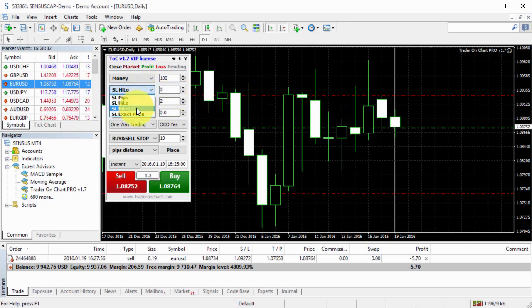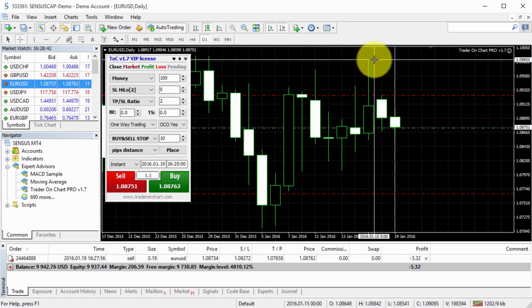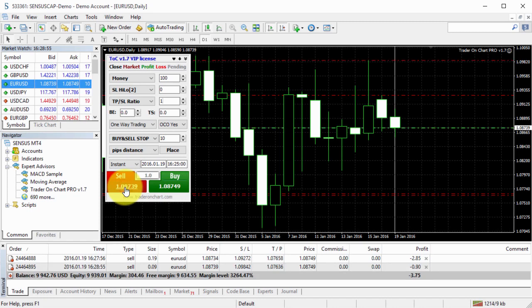Let's try high-low 2. So this should use the second closed bar, price bar high, right over there as a stop loss. So let's say I will use TP and SL ratio of 1, that my take profit should be of the same size as my stop loss, and click the sell button again.